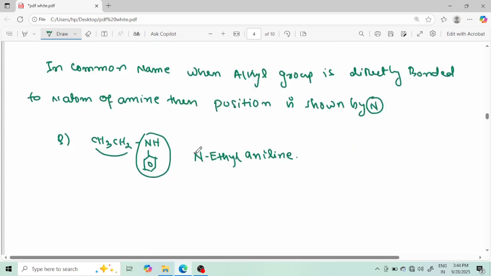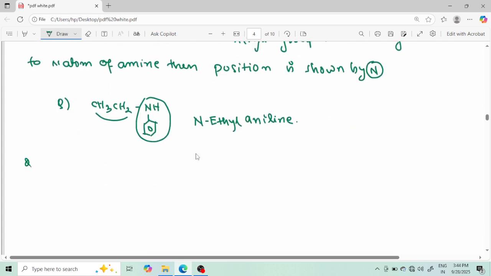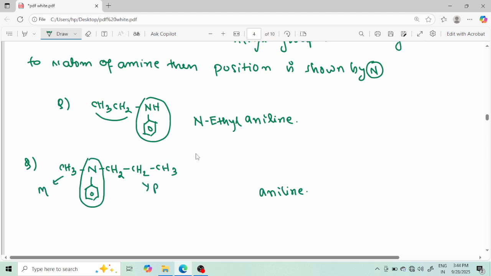Let's give another variety. Suppose I am giving you CH3 NH, CH2 CH2 and CH3, and this benzene ring is given. So definitely here also I know that this is my aniline part, so I'll write here aniline, but here two side chains are there. So this one is methyl, this one is propyl.